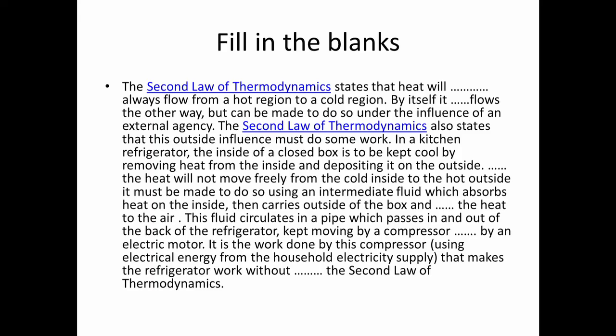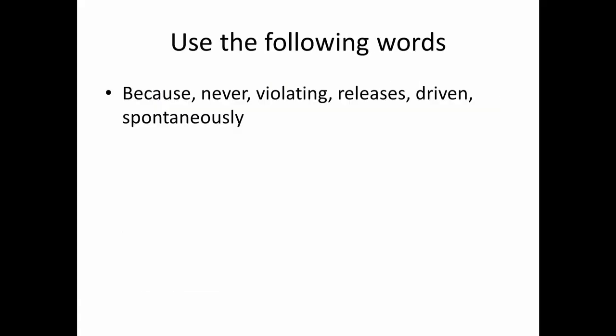It is the work done by this compressor using electrical energy from the household electricity supply that makes the refrigerator work without violating the second law of thermodynamics. I want you to use the following words, not necessarily in this order: never, violating, releases, driven, spontaneously.